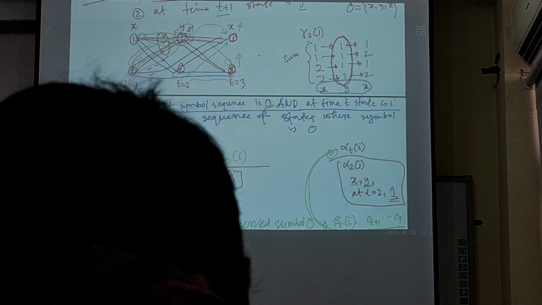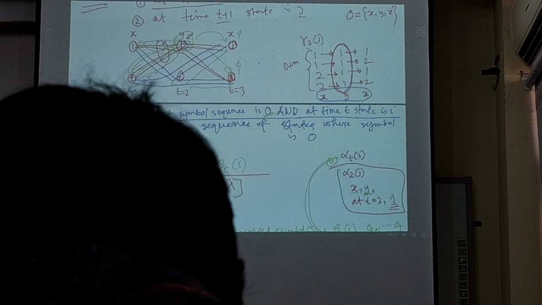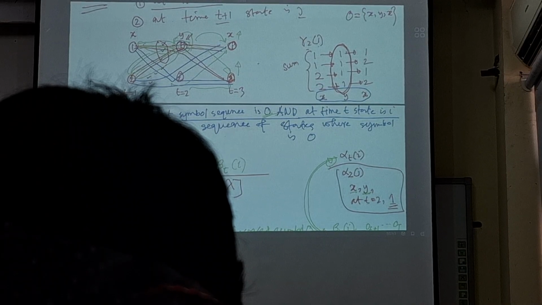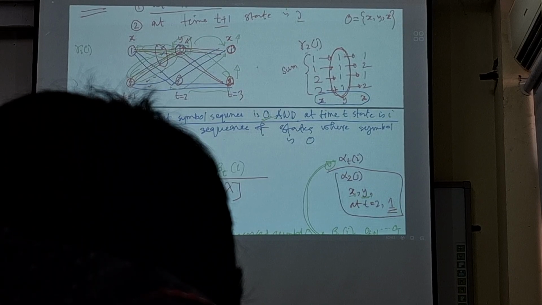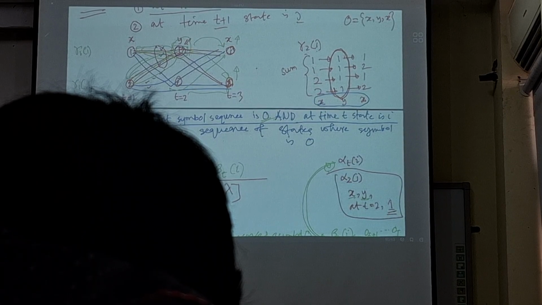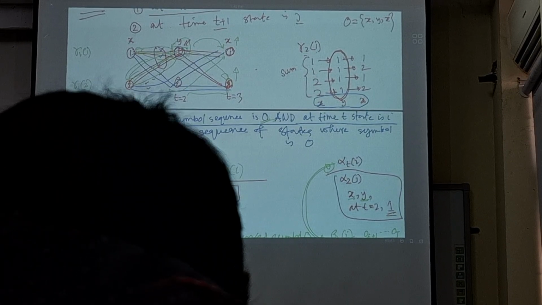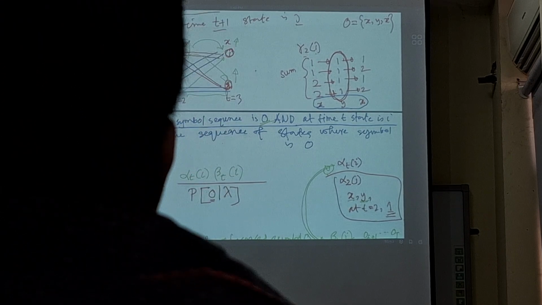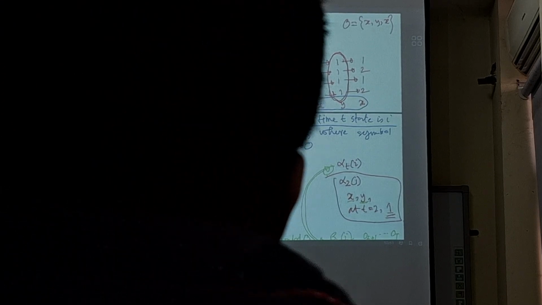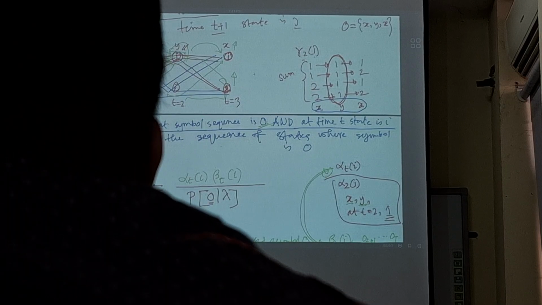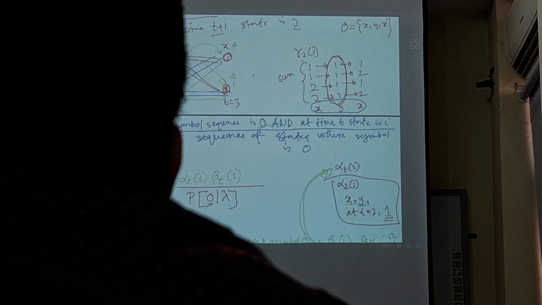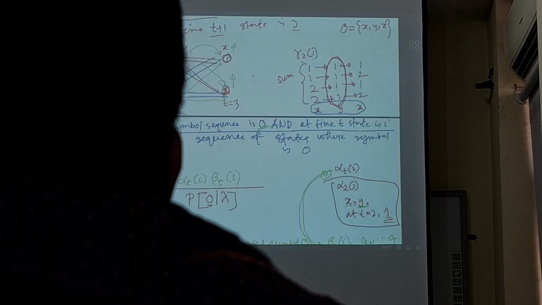Now, irrespective of whether the chain is in 1 or 2, that means alpha 1 1 or alpha 1 2, what does it represent? It represents the chain starts in state 1 and x is emitted. The lower one represents the chain starts in state 2 and x is emitted. Right?